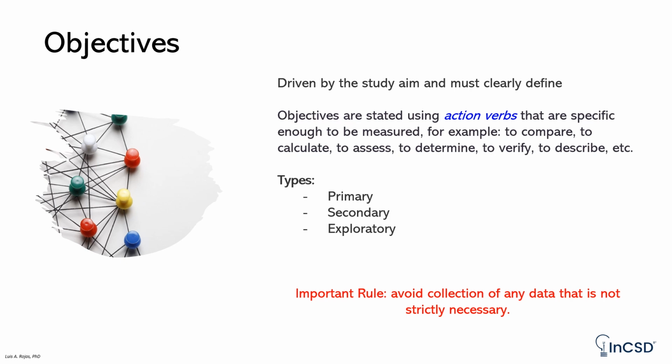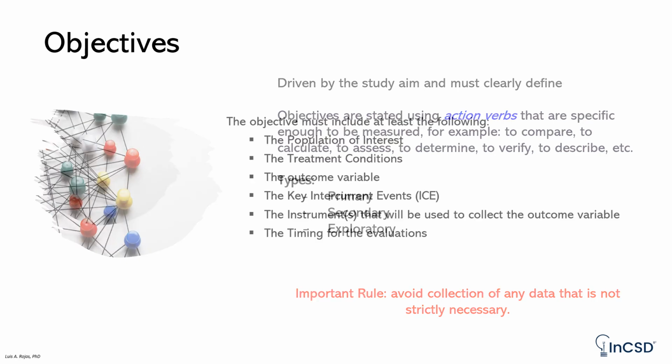Exploratory objective. These are also exploratory in nature and include any additional analysis intended to help further understand the efficacy, safety, PK, PD, or PG profile of the investigational drug. As a general rule, do not collect any data if there is no plan to analyze it.